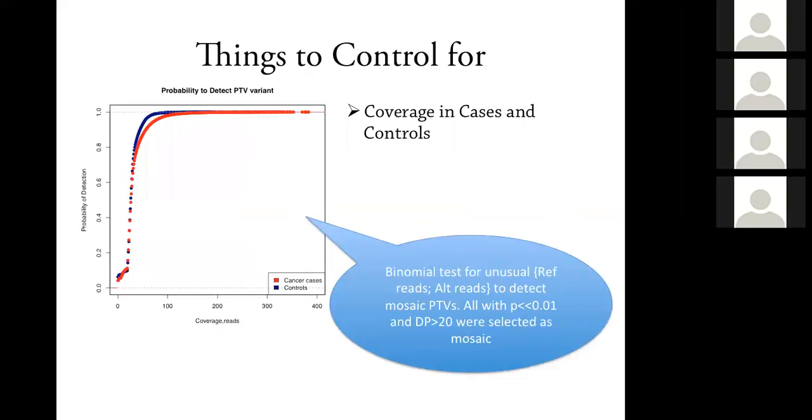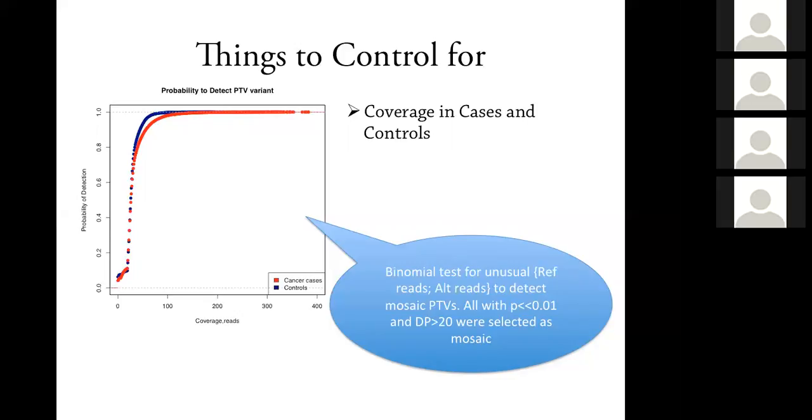The important part, as I mentioned in the beginning, is that because of such a low count of alternative reads supporting the genotype, mosaic events quite often could look like mistakes of sequencing or sequencing errors. So you should be very careful about discriminating between the two scenarios.